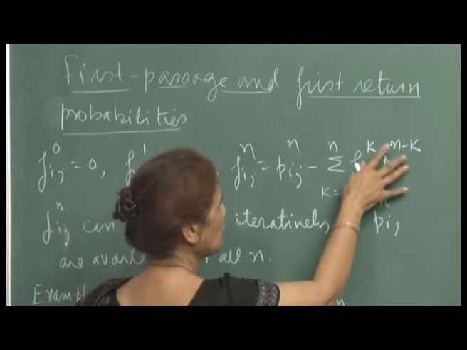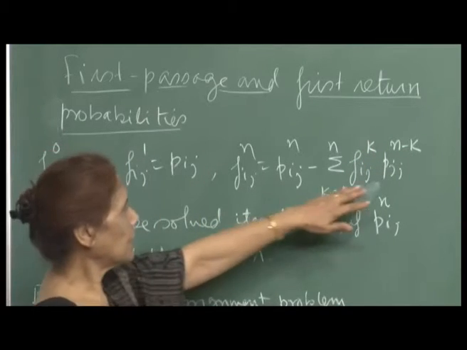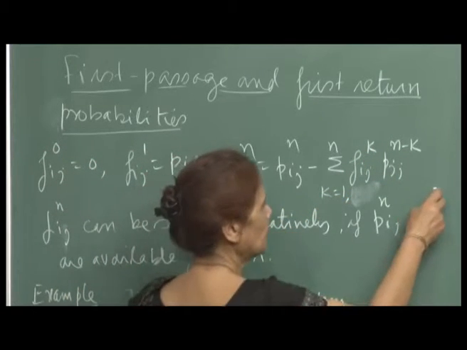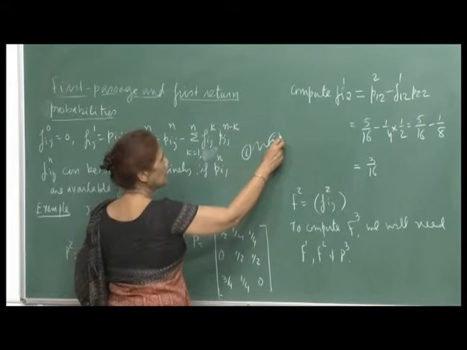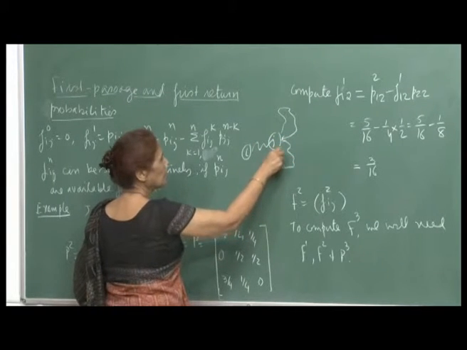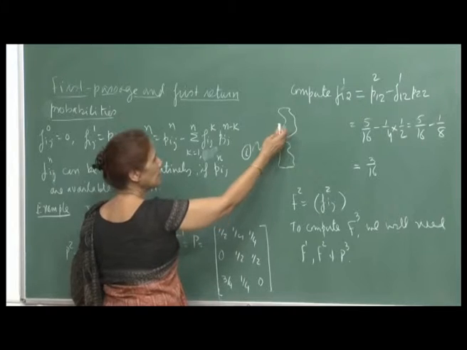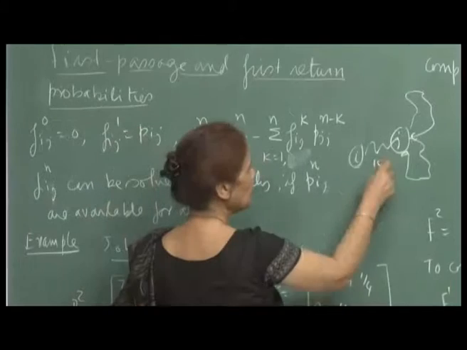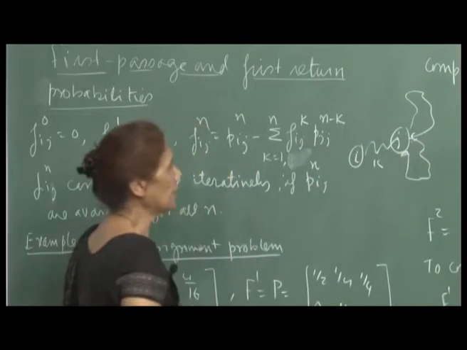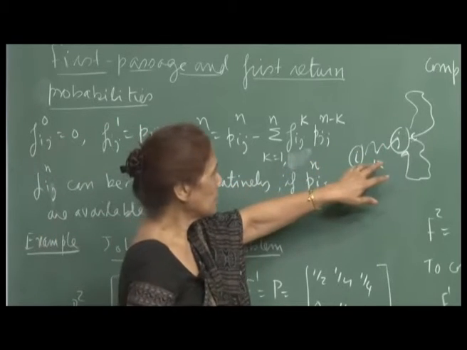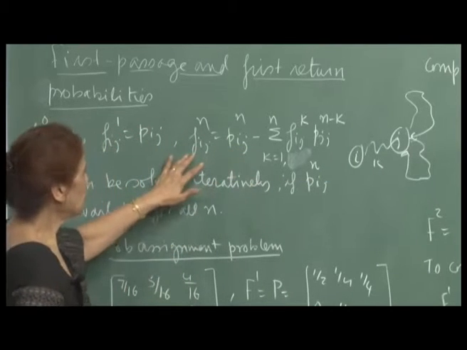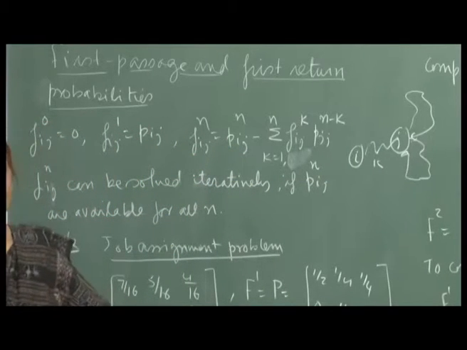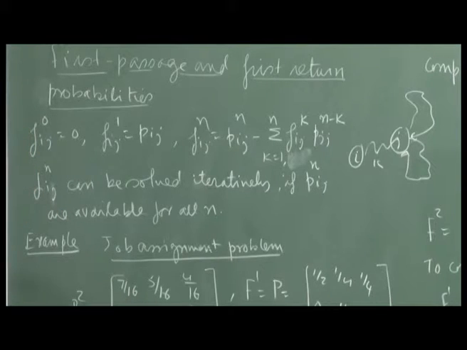Therefore, we have to subtract these particular paths. Suppose you go from i to j, and then you come back to j, then again go back and come back to j and so on. n minus k steps you will be doing this, but in k steps you reach j for the first time from i. So we have to subtract the possibility of traversing all such paths to be able to compute the first passage probabilities. Okay, and that is what we are doing.